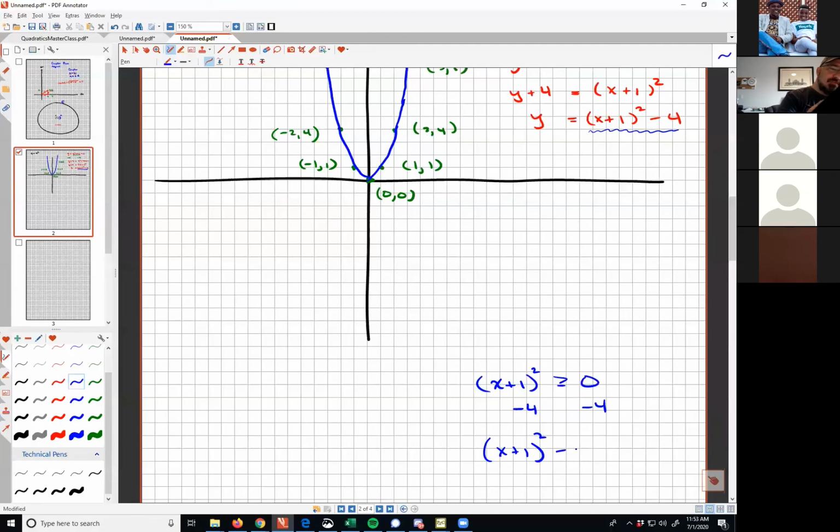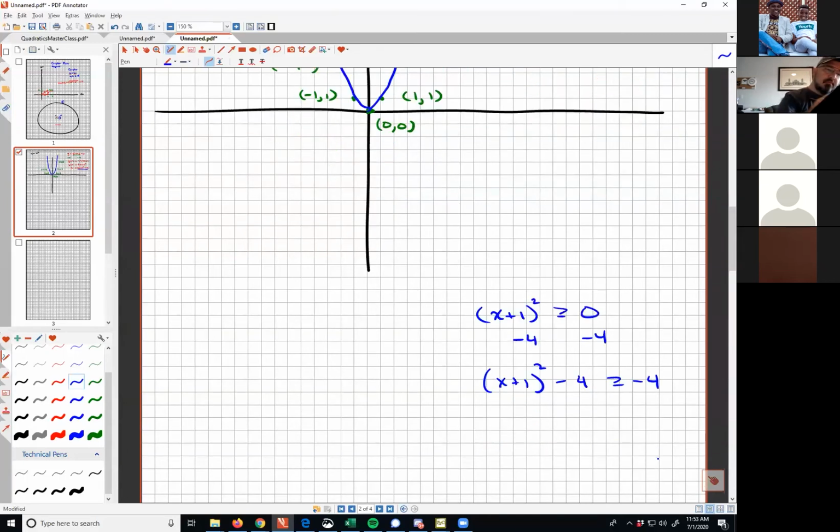So tell me, what is the smallest possible value of (x + 1) squared minus 4? Wouldn't that make it -4?